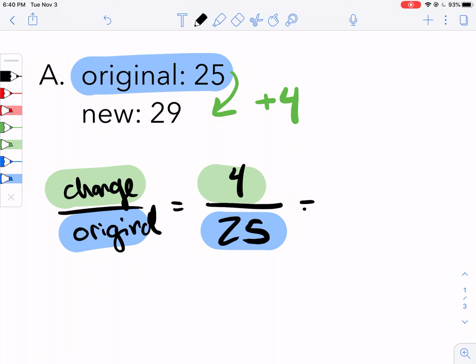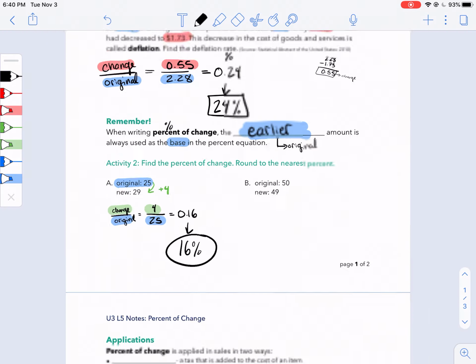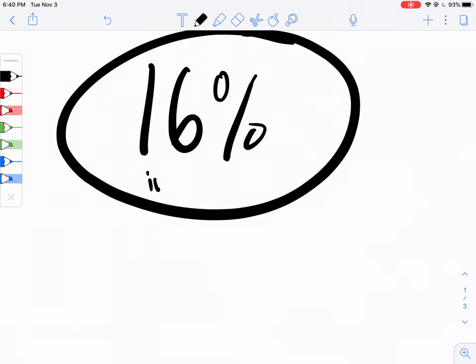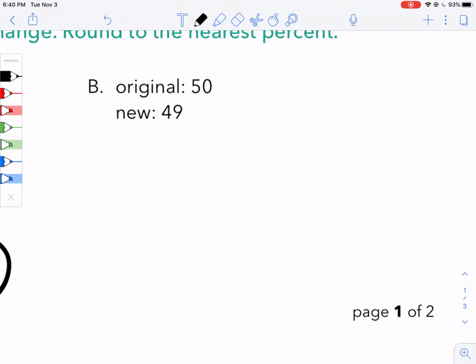And 4 divided by 25 comes out to 0.16, which gives us 16%. So this is a 16% increase. I guess I should write increase. Yay, increase! Ta-da!